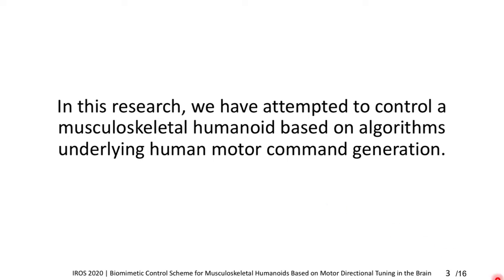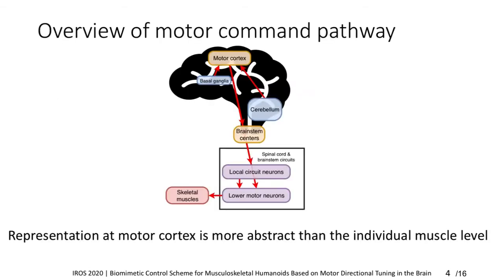In this research, we have attempted to control a musculoskeletal humanoid based on algorithms underlying human motor command generation. Next, let me give a brief overview of the motor command pathway. High-level commands are issued from the cerebellum and the basal ganglia, which are then processed through the motor cortex and the brainstem centers.